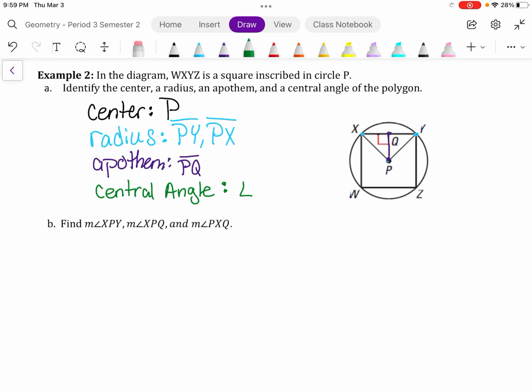The central angle is the angle between 2 radii that are consecutive to each other. So this one you can name XPY, or you could also name it angle YPX. But the P has to be in the middle because that is the center of our polygon.